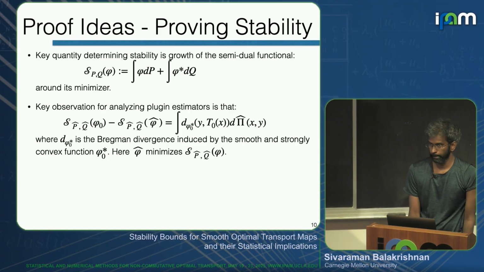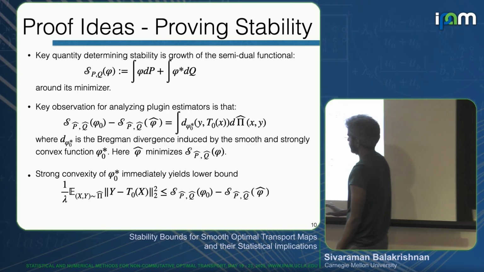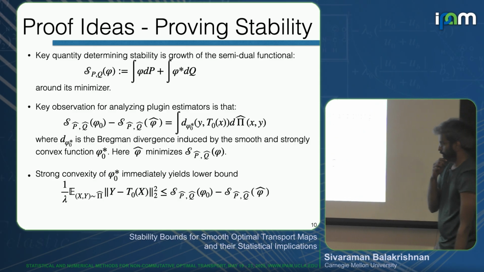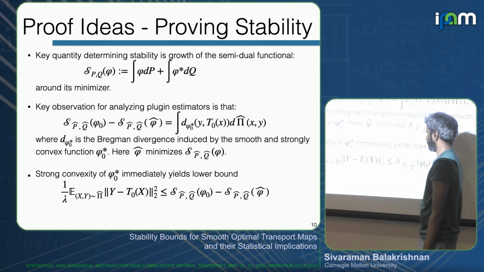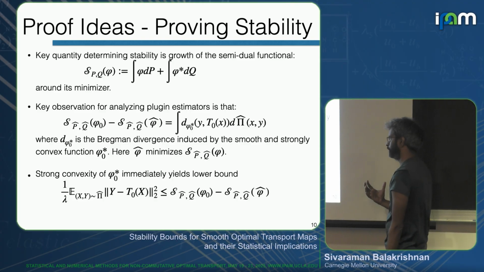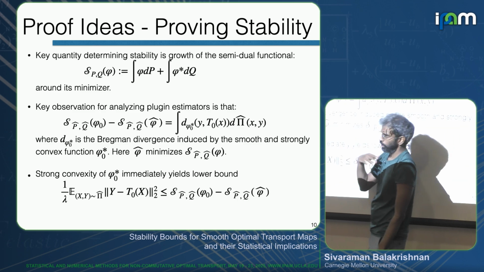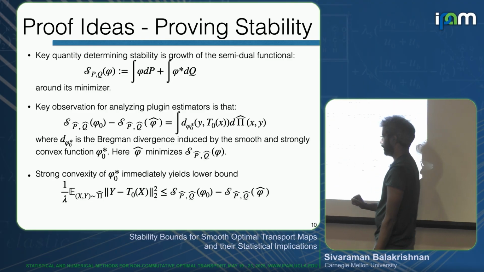Everyone okay so far? Okay, so maybe the first fact to notice is that, let's suppose I just started with this Bregman divergence. The strong convexity of phi 0 star will immediately give you a lower bound. We've assumed that phi 0 is smooth and strongly convex, which also implies the same assumption holds for phi 0 star.